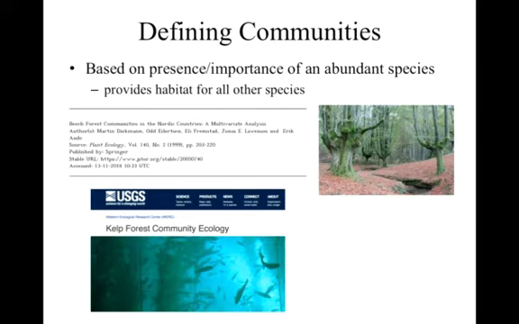And so again, we can talk about the beech forest communities because we're using those beech as our defining feature of where the community is and where it ends and what exactly the group of species we're looking at are.